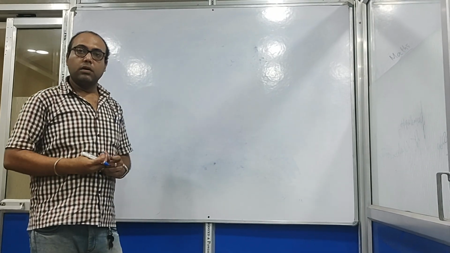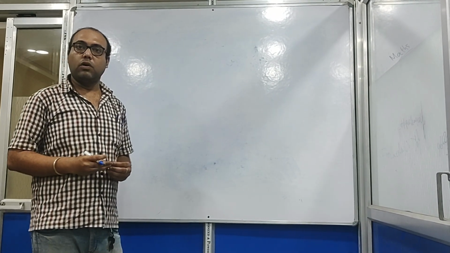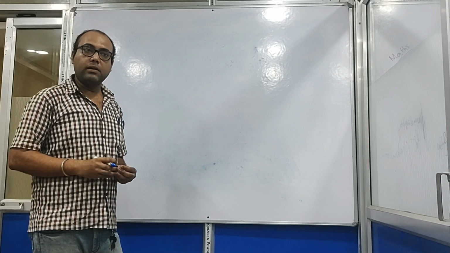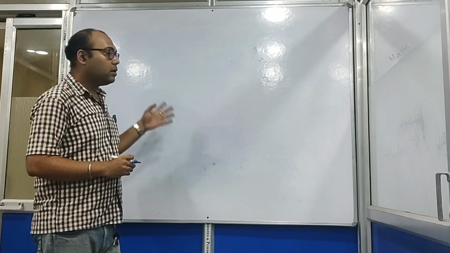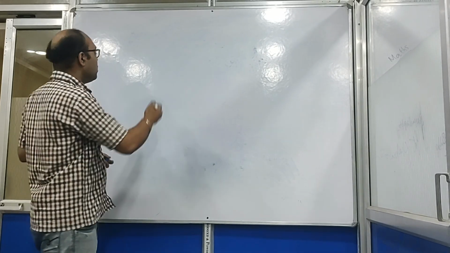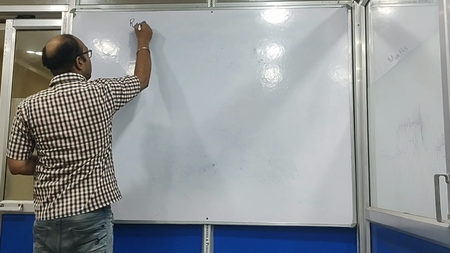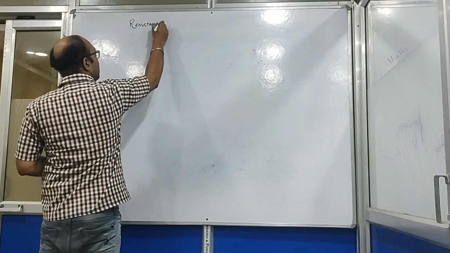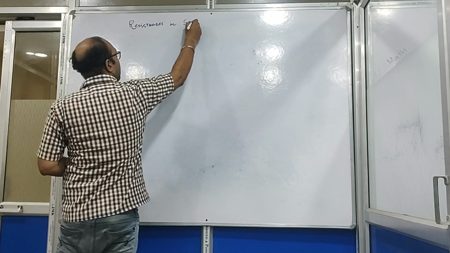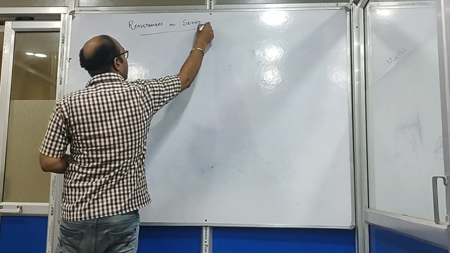But in parallel, the voltage remains the same across all the appliances, but the current is divided as per the rating of the appliance.